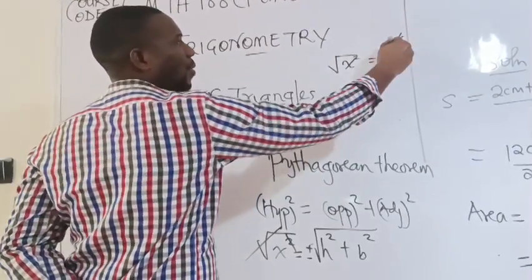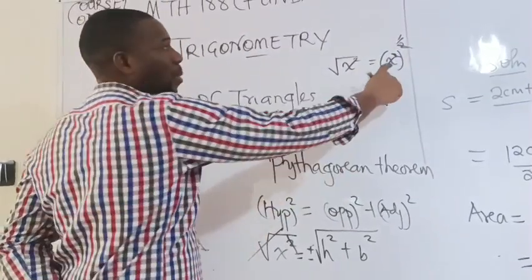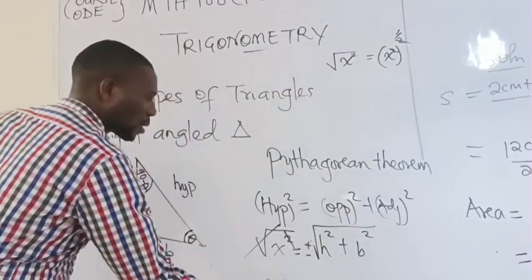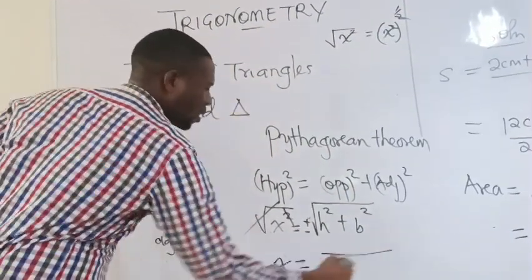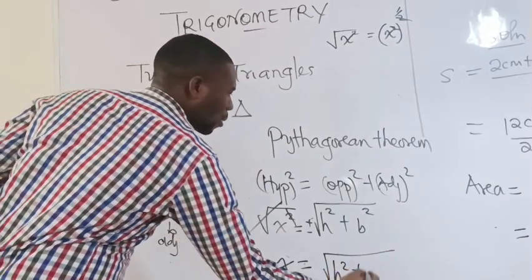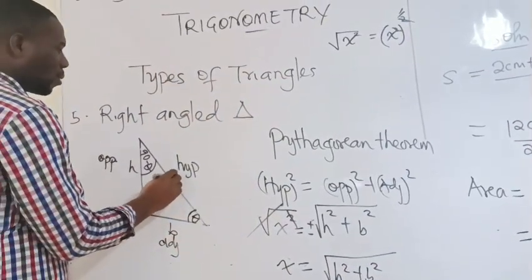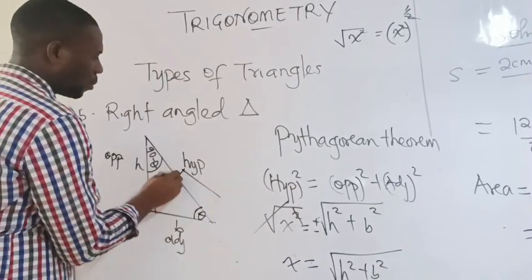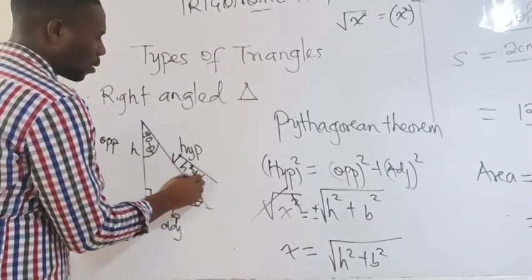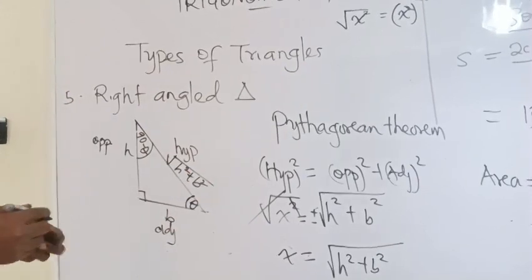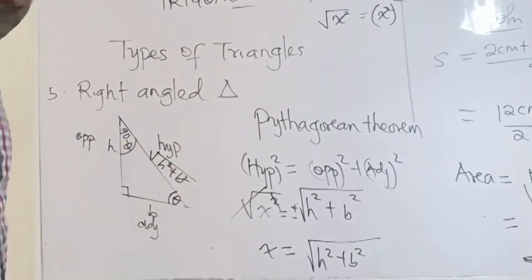So 2 times a half, I lose the 2, and I'm left with x raised to power 1, which is the same as x. And this becomes the positive part, which is the square root of h squared plus b squared. So you are free to imagine that this side is the square root of h squared plus b squared, just for convenience for a while.